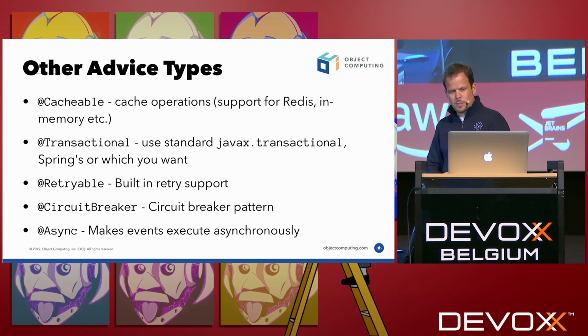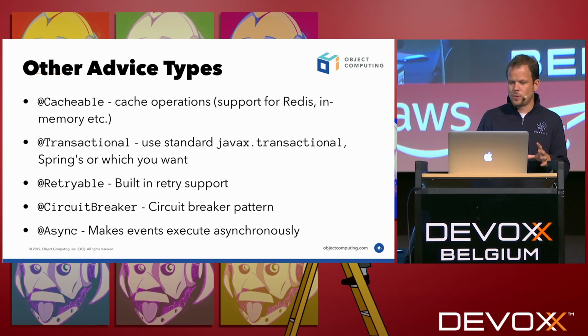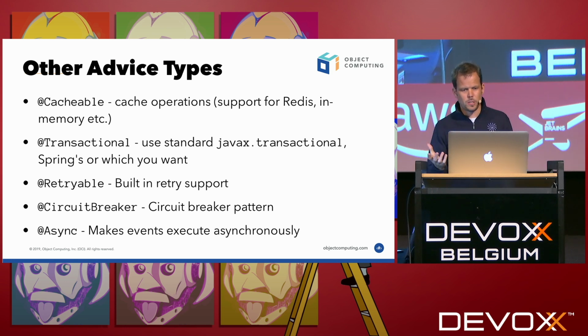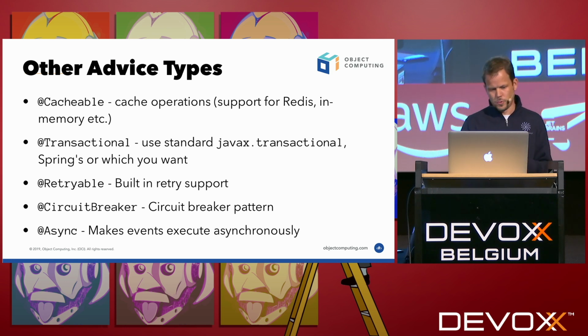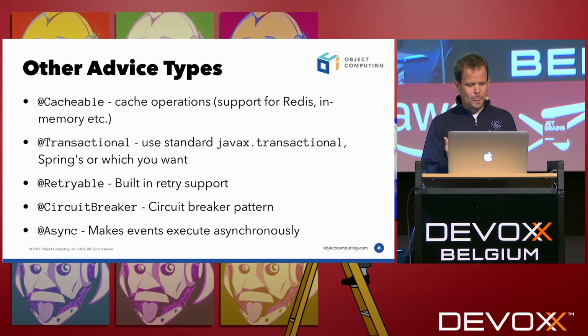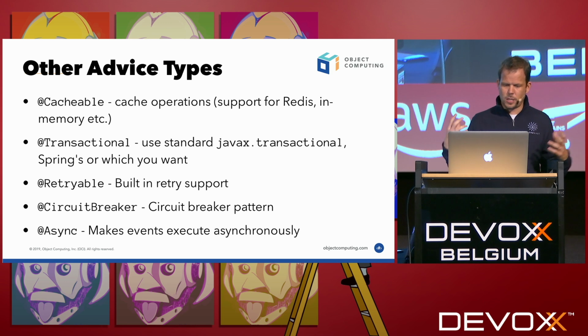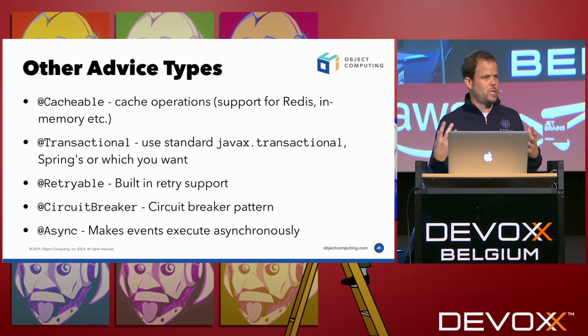And @Retryable, so we support integrated retry and also circuit breaker, which is typical in microservices, to retry operations one or more times before giving up. And in the circuit breaker case, which is the circuit breaker pattern, it's a stateful retry where we cache the exception and don't attempt to retry for a period to avoid flooding the backend systems.